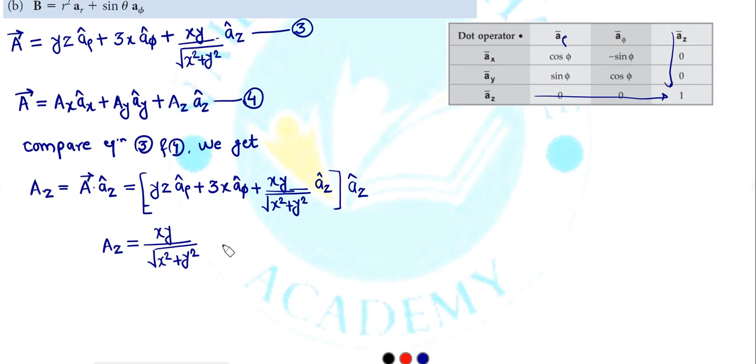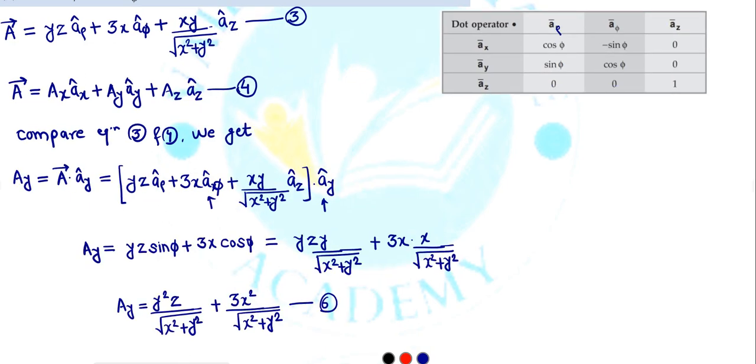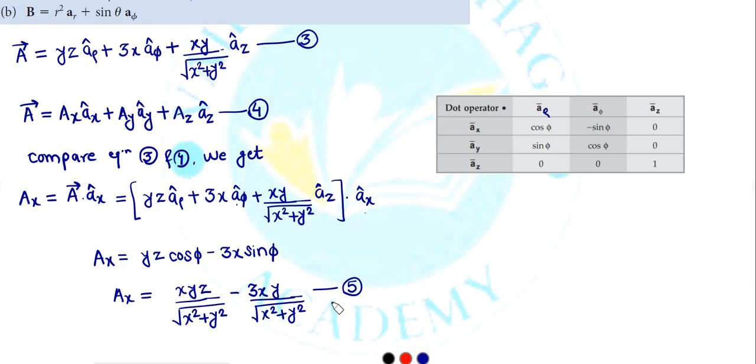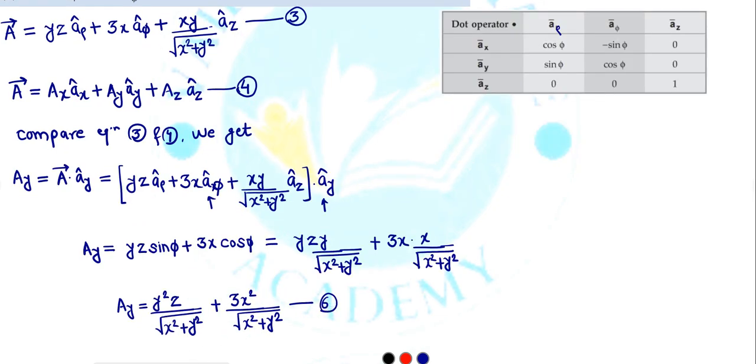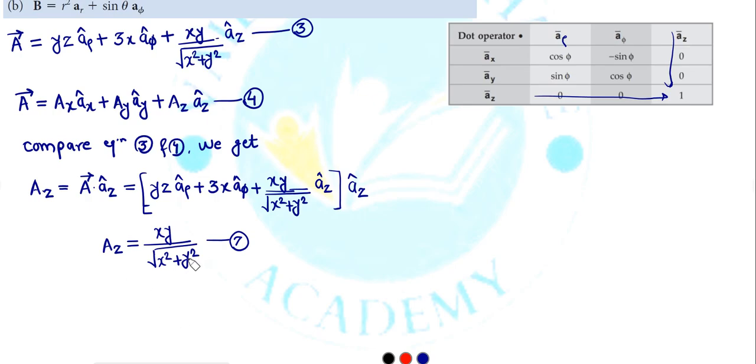Now in order to get the value of equation 3, which was partially in terms of Cartesian system and partially in cylindrical system, we are going to put the values of equation 5 for the Ax value, equation 6 for the Ay value, and equation 7 for the Az value.